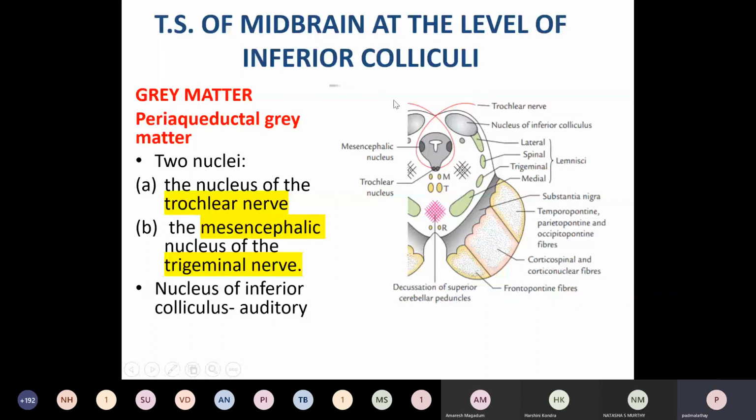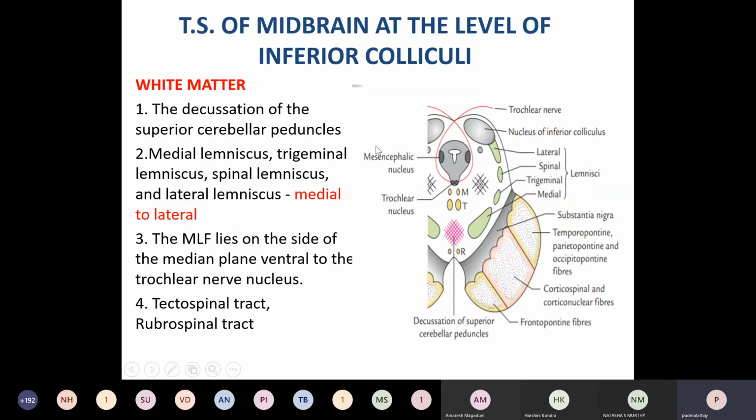Now the white matter. The white matter contains the decussation of the superior cerebellar peduncles. The midbrain is connected to the cerebellum through the superior cerebellar peduncle. So there is decussation of the fibers of the superior cerebellar peduncle, and next to that there is a series of lemnisci from medial to lateral: the medial lemniscus, trigeminal lemniscus, spinal and lateral lemniscus.